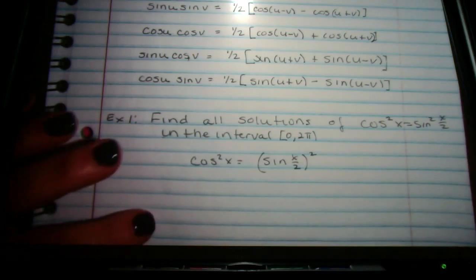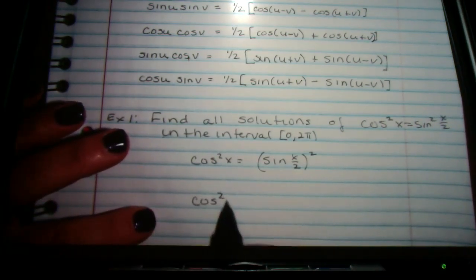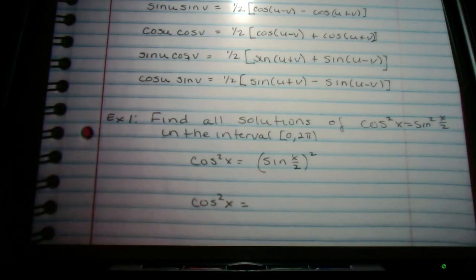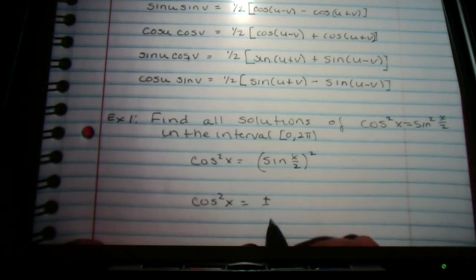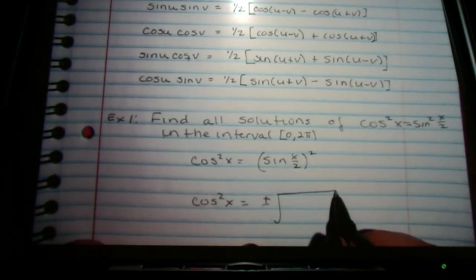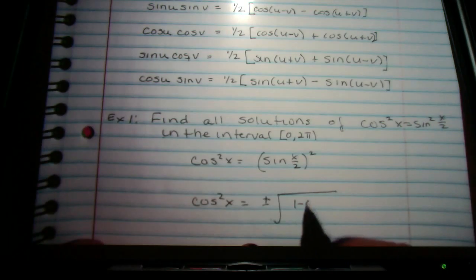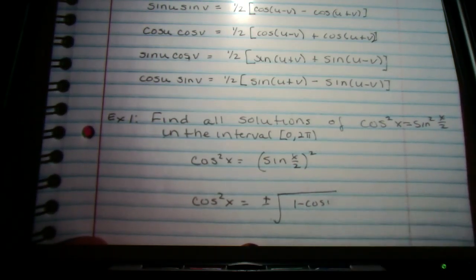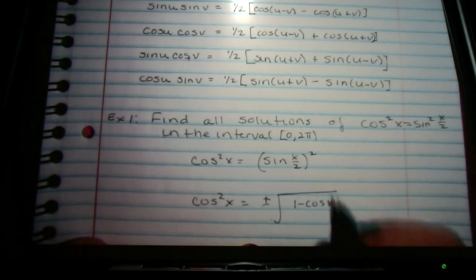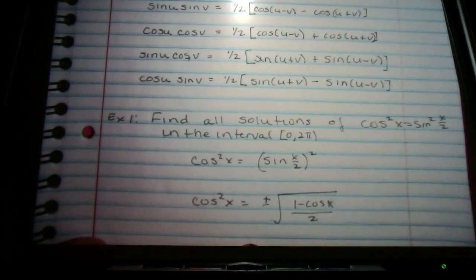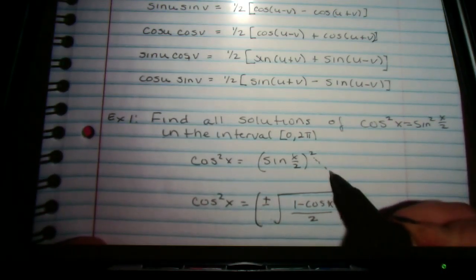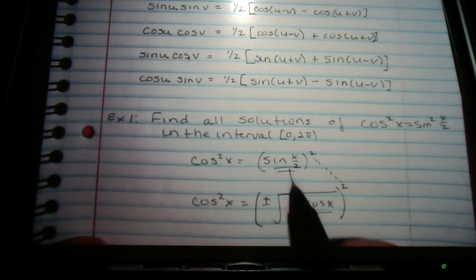So from yesterday's formulas, the sine of u over 2 is plus or minus the square root of 1 minus cosine u, in this case x, over 2. And then we have to square it.